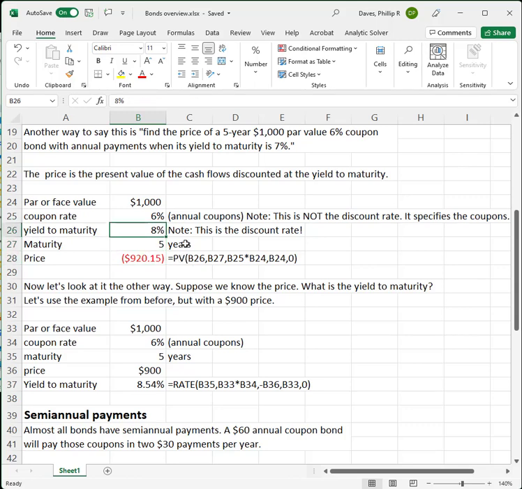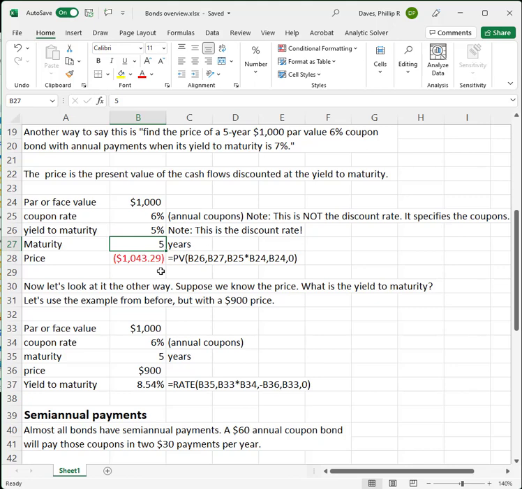If interest rates go down from, say, an original issue when yield to maturity was 6%, if interest rates go down to, say, 5%, so if market interest rates decline, then the price of the bond is going to go up to $1,043. So another way to think about this is bond prices go up when interest rates go down. Bond prices go down when interest rates go up.